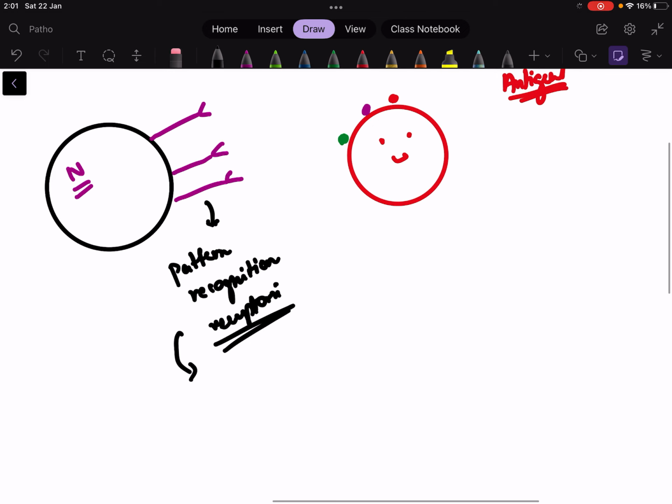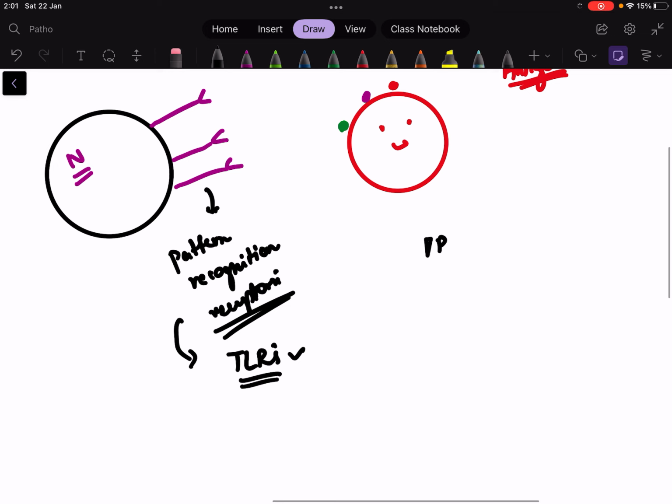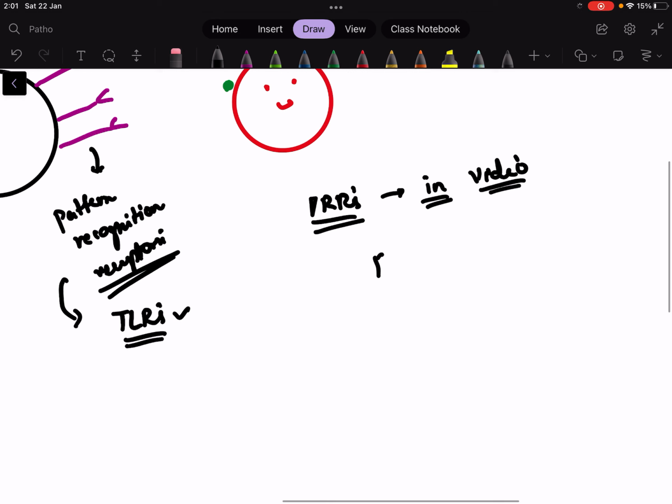One such type of pattern recognition receptor is your toll-like receptors. I talked about pattern recognition receptors in my previous video, so please watch that video to understand what is meant by pattern recognition receptor, what is meant by pathogen associated molecular patterns, and what is meant by damage associated molecular patterns.